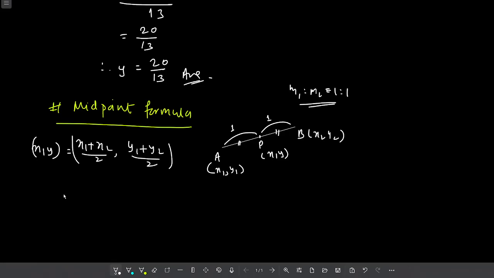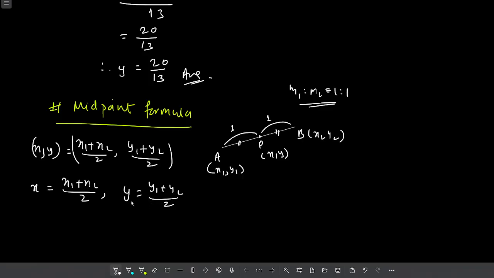Or if we use the points individually, then for the x component we can use x1 plus x2 over 2, and for y we can use y1 plus y2 over 2 also. So x comma y is equal to x1 plus x2 over 2, y1 plus y2 over 2, or we can write x equals x1 plus x2 over 2 and y equals y1 plus y2 over 2.